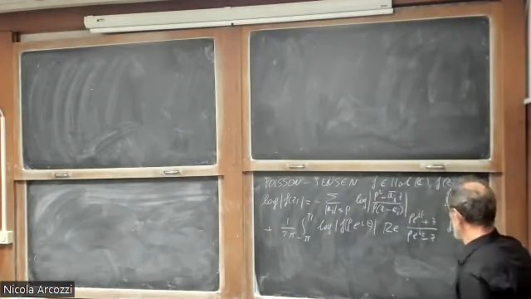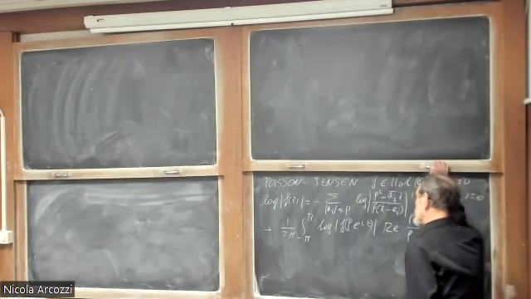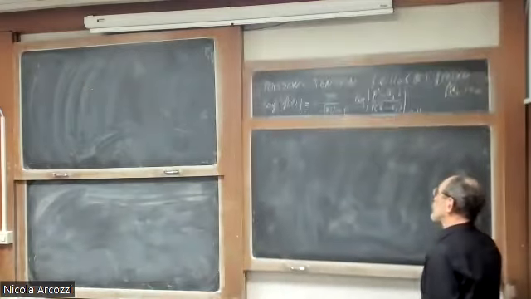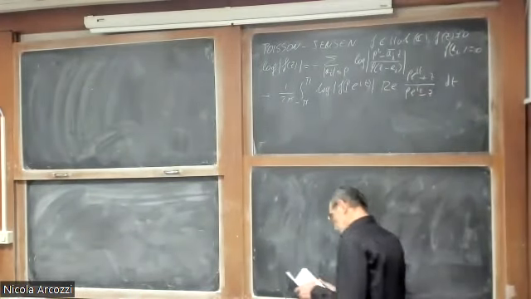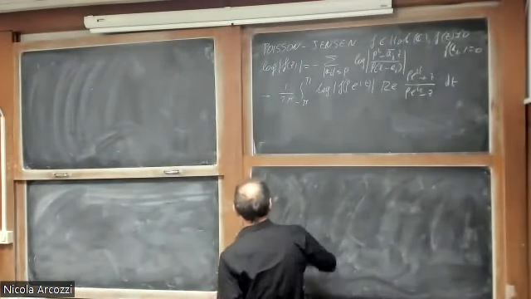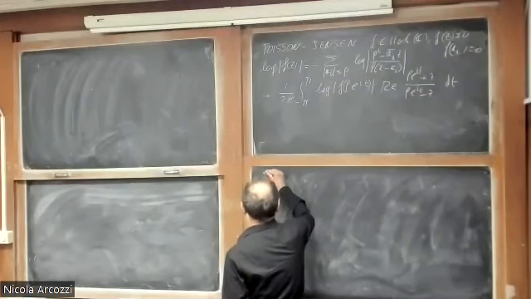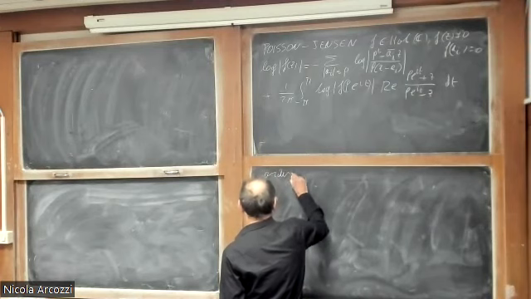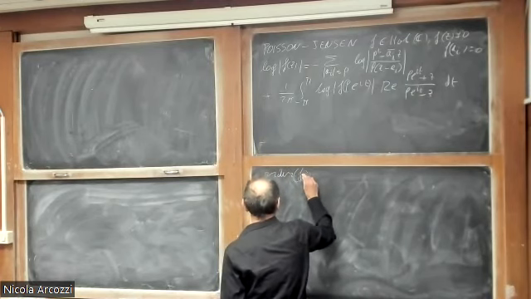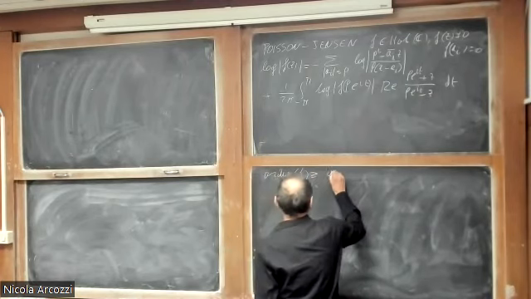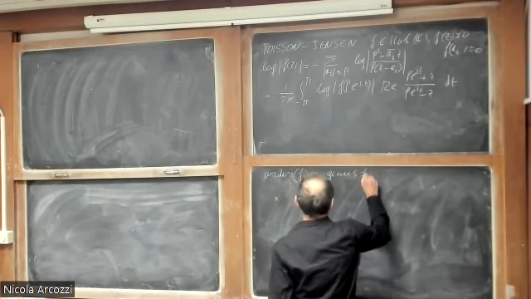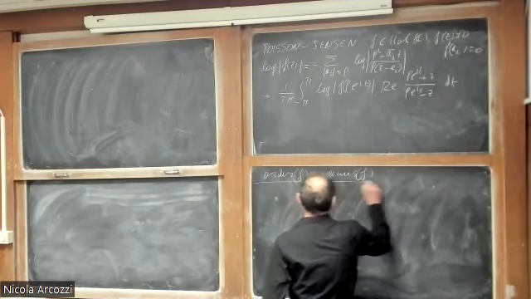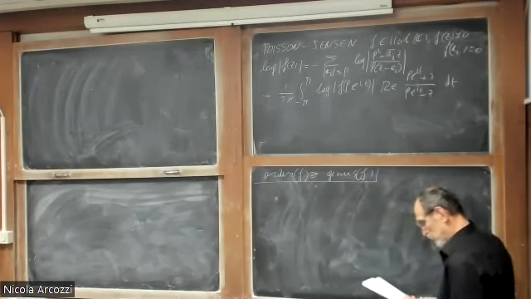Okay, so having this Poisson-Jensen formula, now we want to show. Remember, we are at the point in which we want to show that the order of f is greater or equal than the genus of f. Okay.